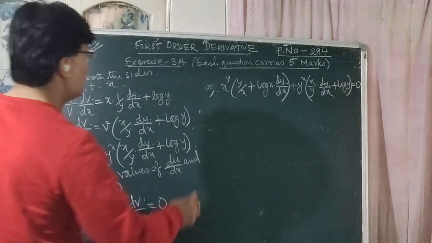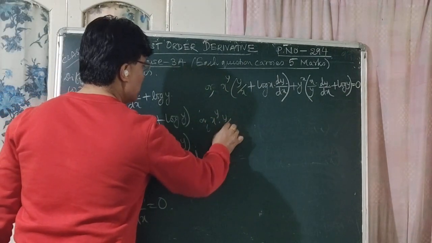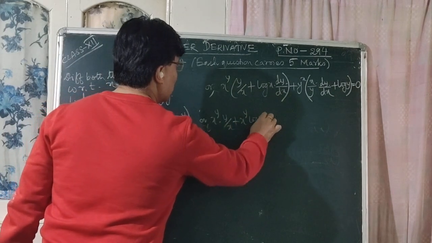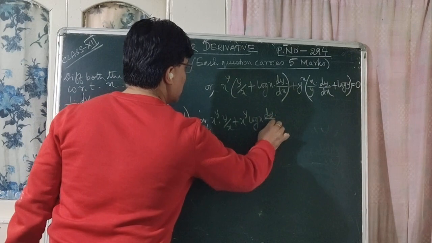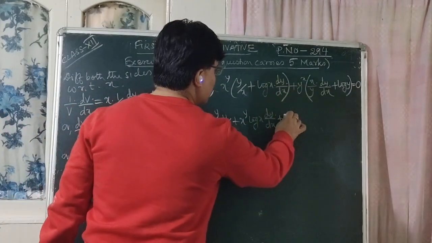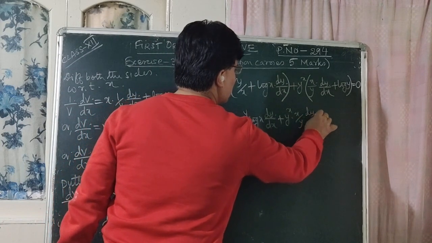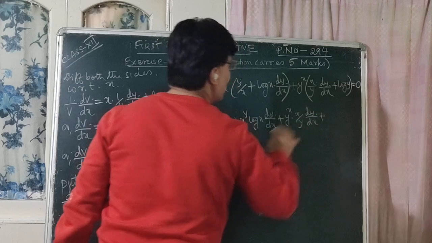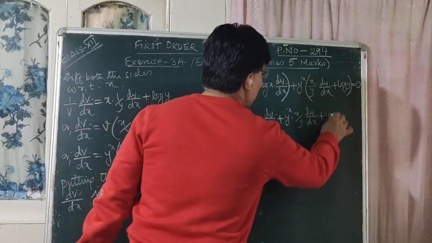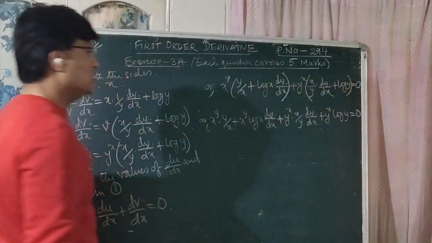So now let us multiply here, x to the power y into y by x plus x to the power y log x into dy by dx plus, next multiply by y to the power x here, y to the power x into x by y into dy by dx plus, what is the last term here? It is y to the power x log y, which is equal to 0.